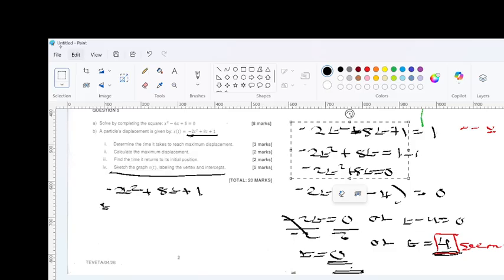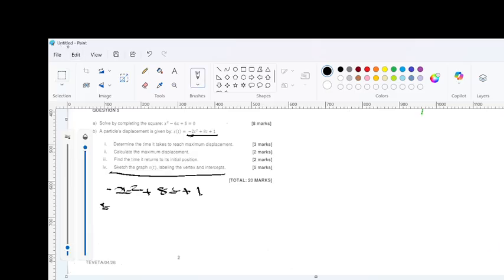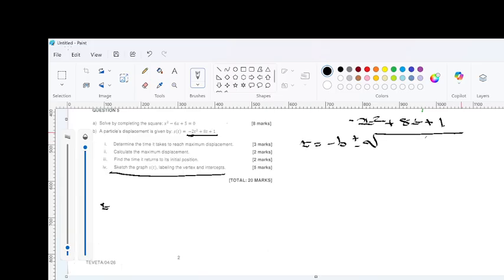Okay, so let's solve this. With this we are using t, so t equals -b plus or minus the root of b squared minus 4ac over 2a.